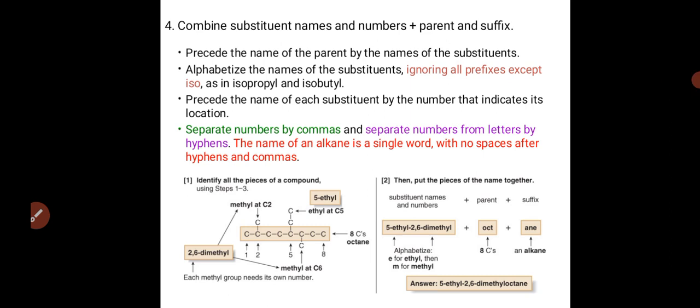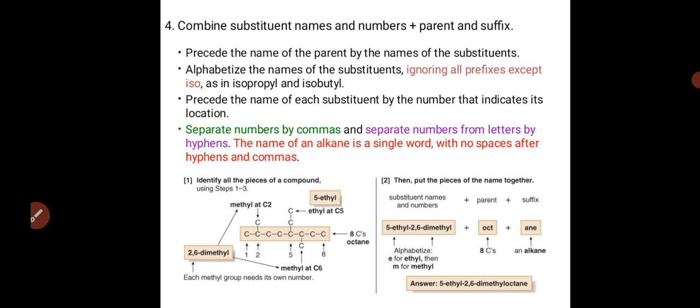Separate numbers by commas. So if you have numbers, you use a comma to separate them, and separate numbers from letters by hyphens. Then the name of the alkane is a single word with no space after hyphens and commas. So now identify all the pieces of a compound using steps 1 to 3.